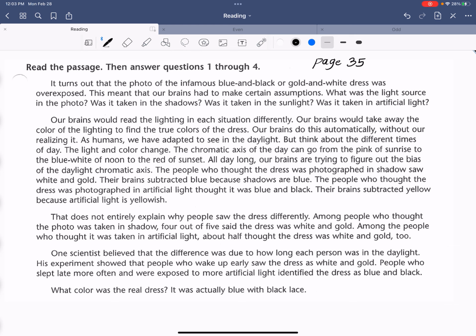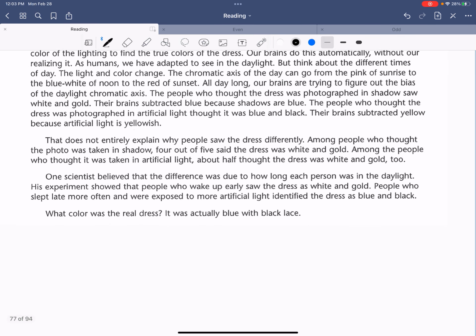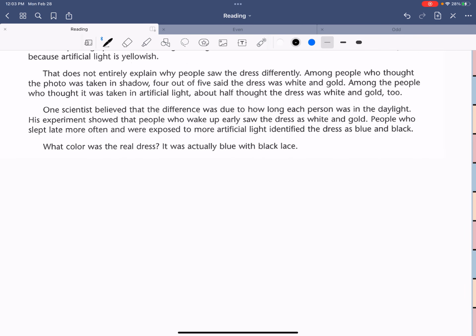That does not entirely explain why people saw the dress differently. Among people who thought the photo was taken in shadow, 4 out of 5 said the dress was white and gold. Among the people who thought it was taken in artificial light, about half thought the dress was white and gold too.